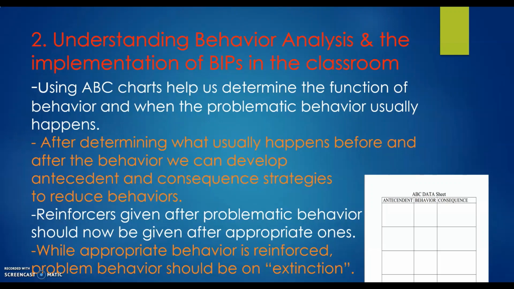And using ABC data sheets, we are able to hypothesize what the function is. And then after we do that, we can start manipulating the environment by changing the consequence or the antecedent or both.